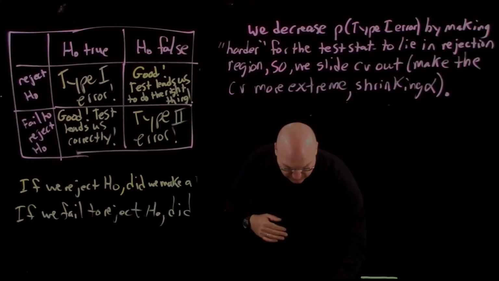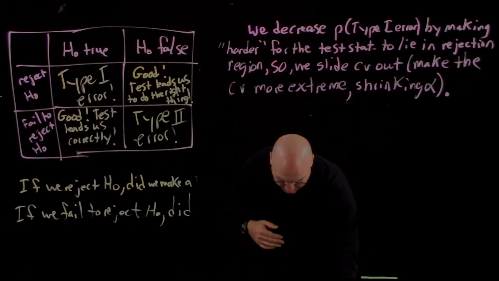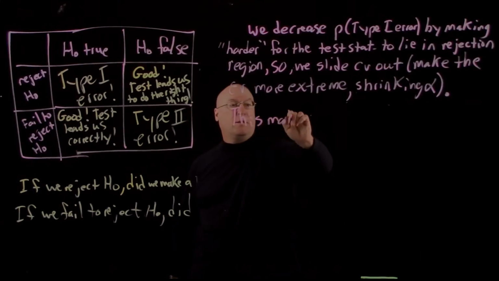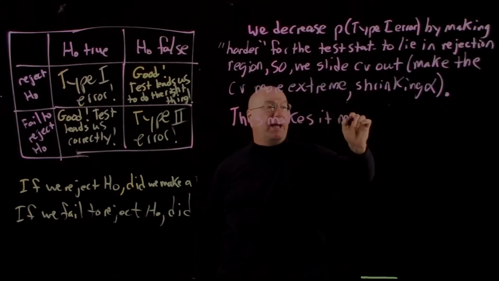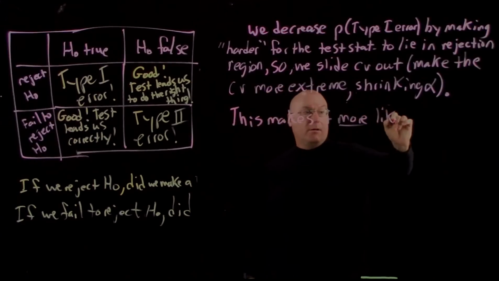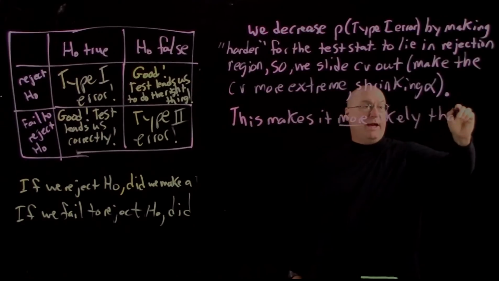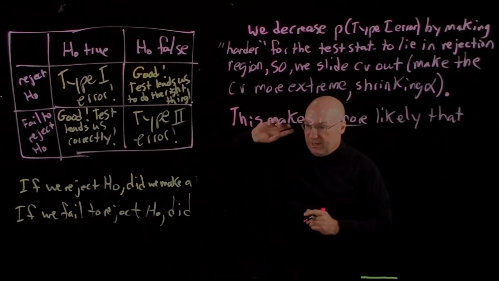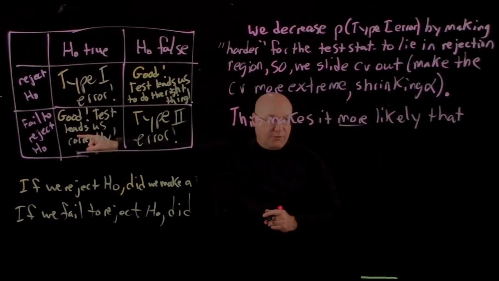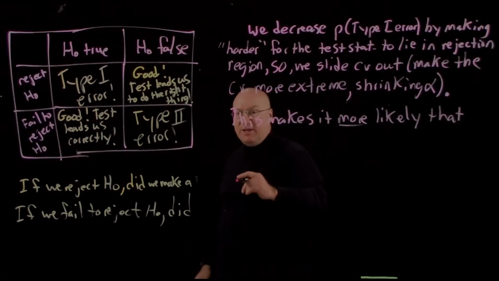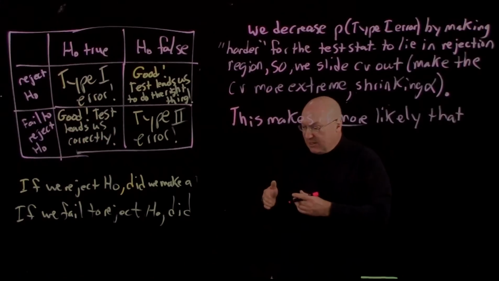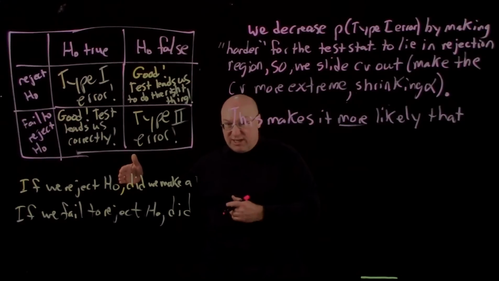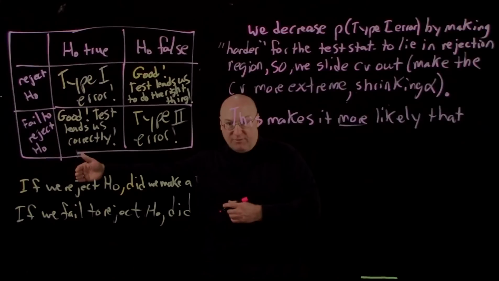So what does that do? This makes it more likely, so keep this in mind, I have put my critical value way out there. It makes it more likely that even if a test statistic is unusual enough that maybe we should have rejected H naught, it might not get out there far enough, right?